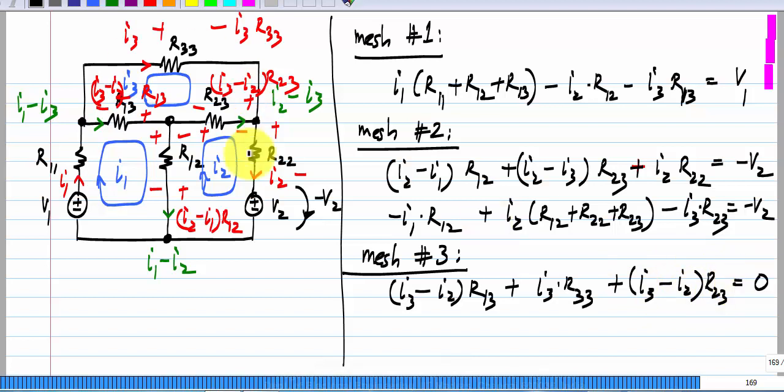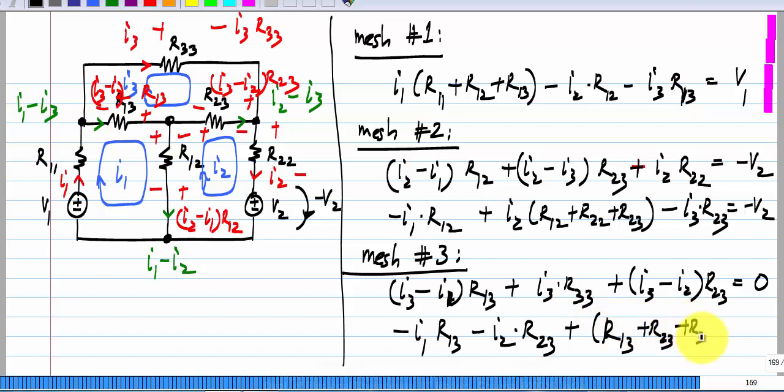There is no independent voltage source in this mesh. Okay. Again, collecting the coefficients, I have minus I1 R13 minus I2 R23 plus (R13 plus R23 plus R33) times I3 to be equal to 0.